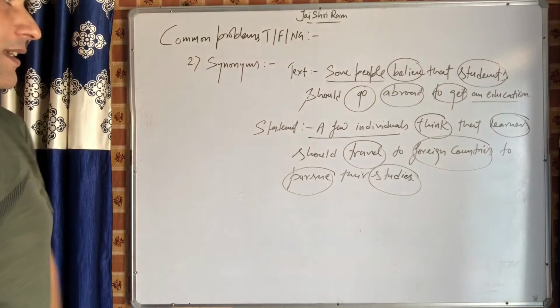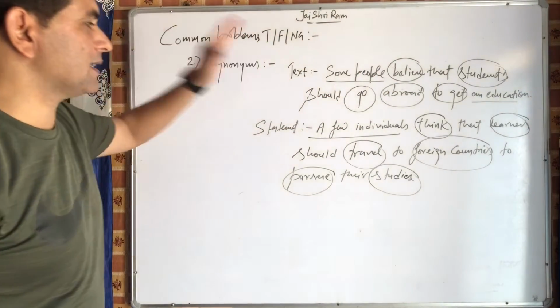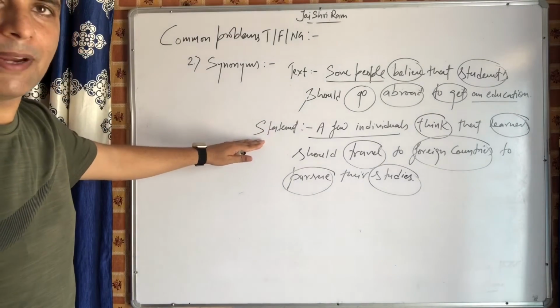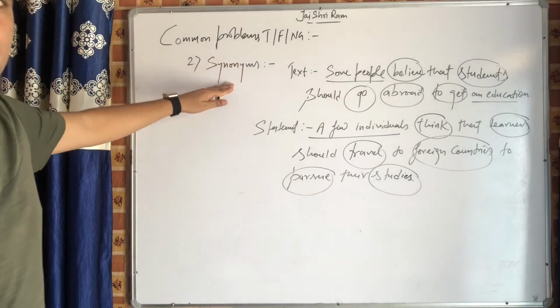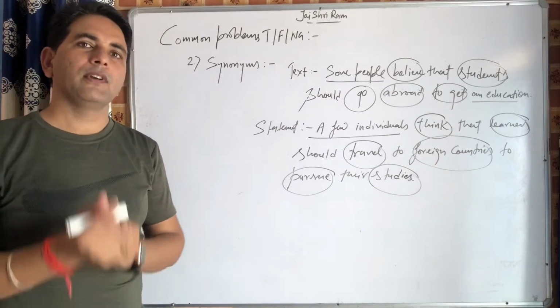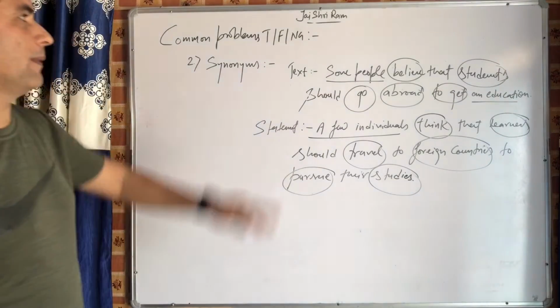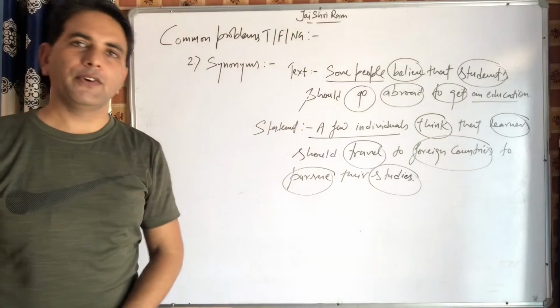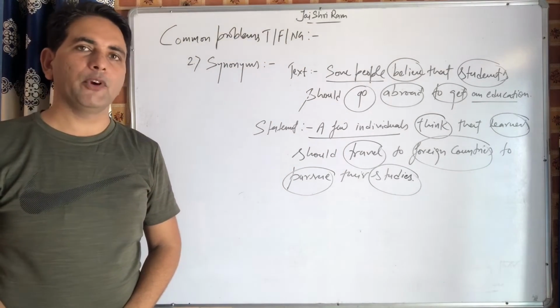So you can see here in your text or in your statement a lot of synonyms. So you need to focus more on synonyms while solving true, false and not given questions in the reading module.